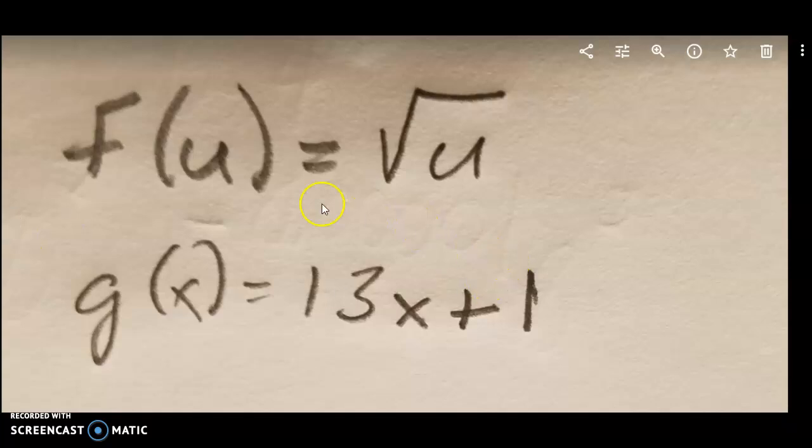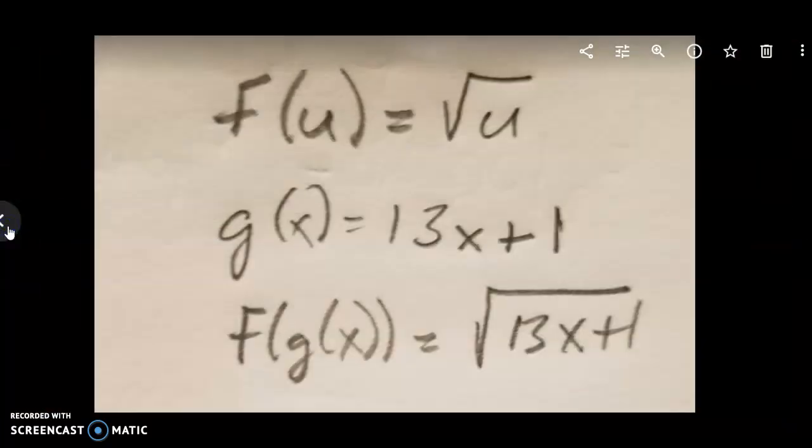So here's another function. We have the square root of something, and then we have 13x plus 1. It's a basic linear function. So if we want f of g of x, we just stick that 13x plus 1 inside the square root.